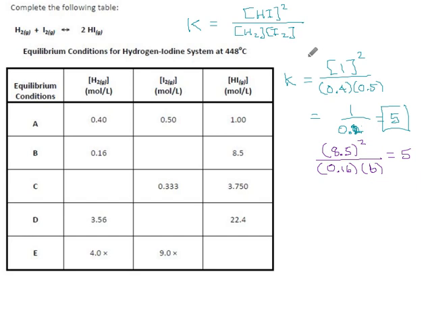Let's see. 8.5 squared is 72.25 over 0.16b. Trying to make my b's not look like 6's. Equals 5. Multiply both sides by the denominator. 72.25 equals 0.80b, or 0.8b, and divide by 0.8. 90.31.